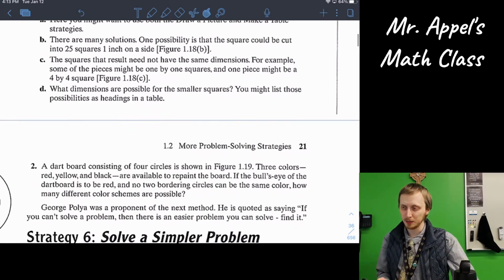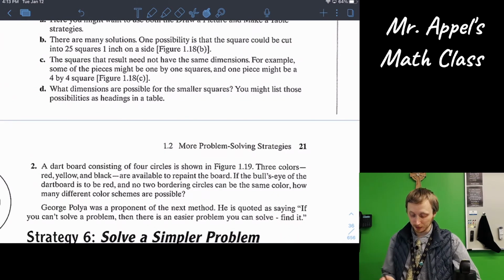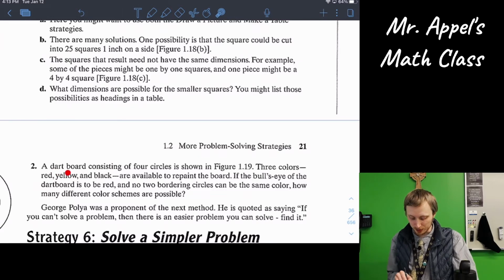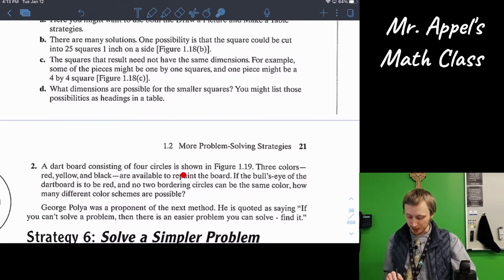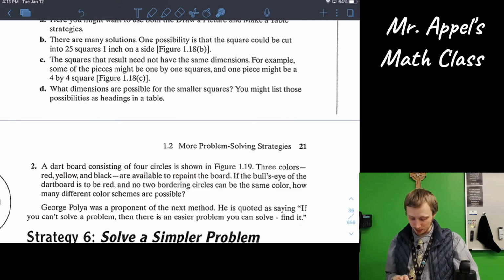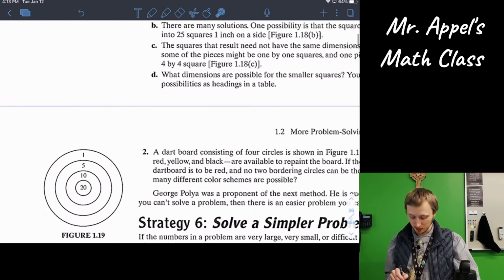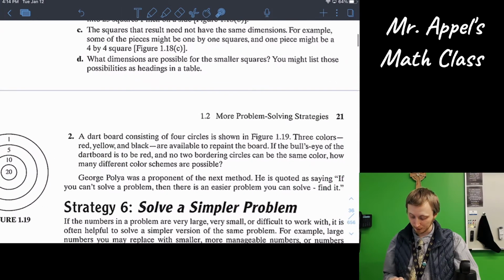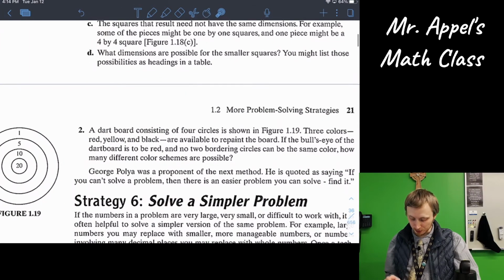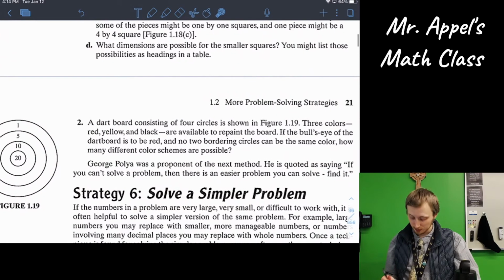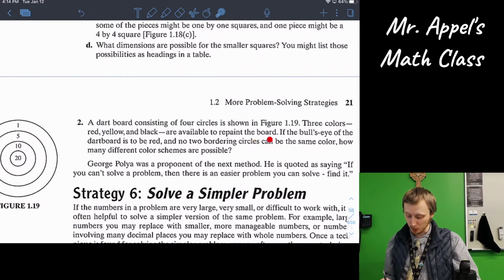And the second problem, a dartboard consisting of 4 circles as shown in figure 119. Here we go. 1, 2, 3, 4. 3 colors, red, yellow, and black, are available to repaint the board.